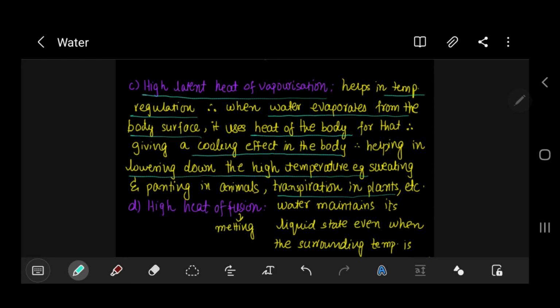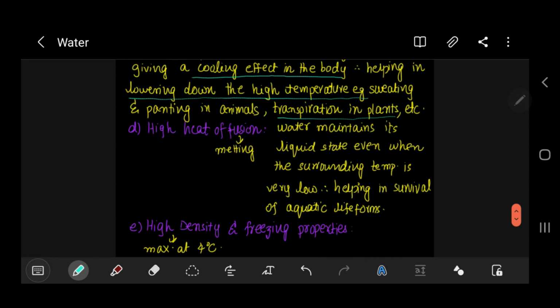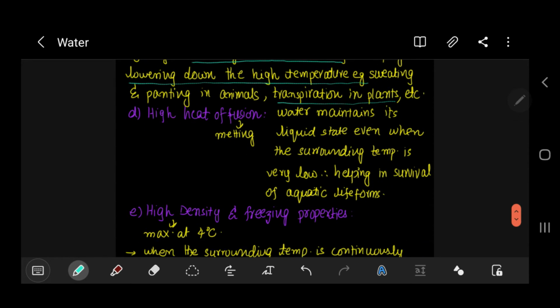So a very high amount of body heat goes away, that decreases the average kinetic energy of the particles inside the body, lowering down the temperature of the body, hence giving a cooling effect. Okay, let's move on to the fourth point, that is high heat of fusion.